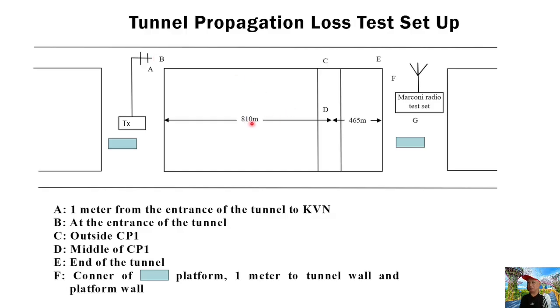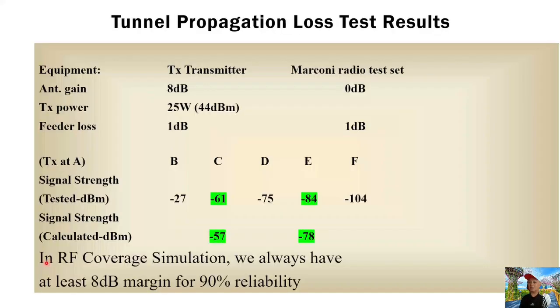Actually, it's 810 meters, and E is 1.275, almost 1.3 kilometers away from the transmitter, and then the received signal was tested and calculated.